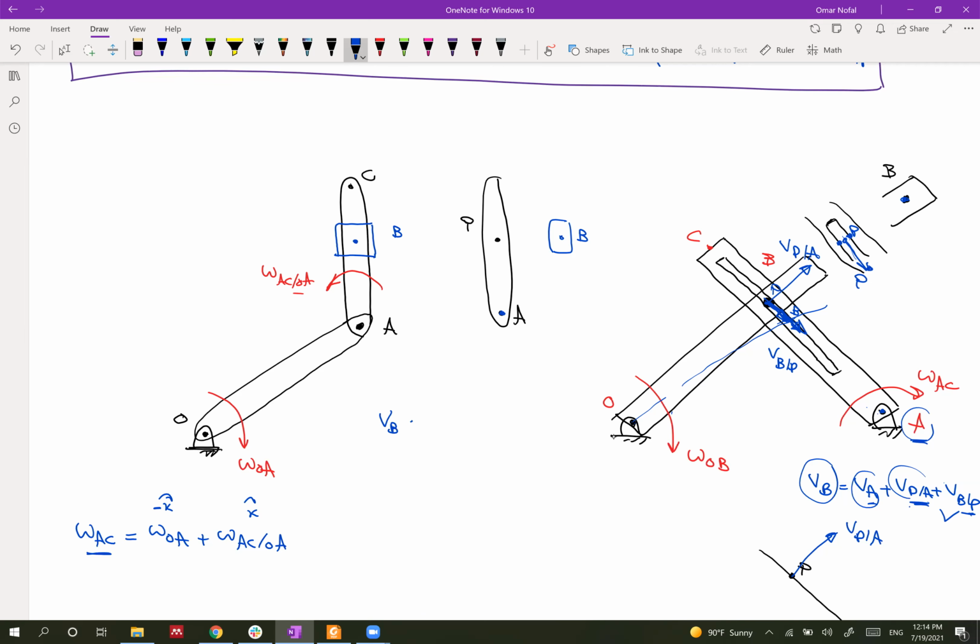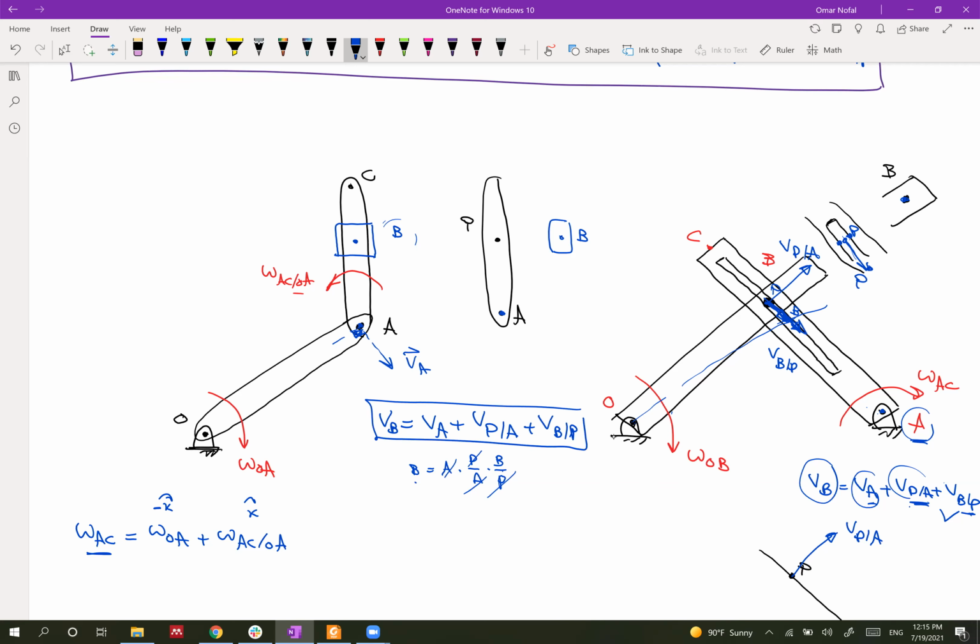So VB, the velocity of this collar, will be equal to the velocity of A at this point, and we can get it from this omega by multiplying the omega by R, and this is perpendicular, plus VB with respect to A, plus VB with respect to B. And if you want to make sure you have it right, B over A, cancel, B will be equal to B, so I did this equation right.